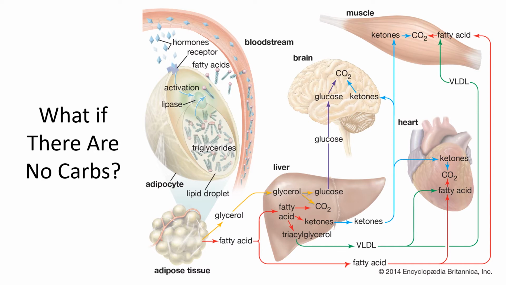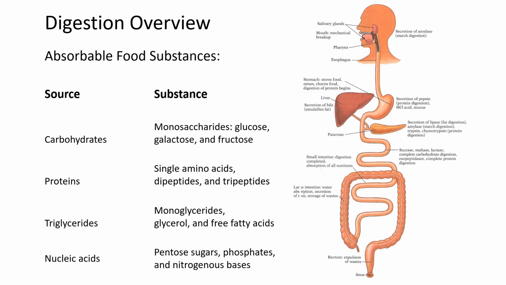So albumin is a protein that's found in the blood, and it can be broken down by some cells as well. So again, the take-home message here is that your body is very flexible. And so long as you get those essential components, you can build the other stuff that you need. Let's look at an overview of digestion.